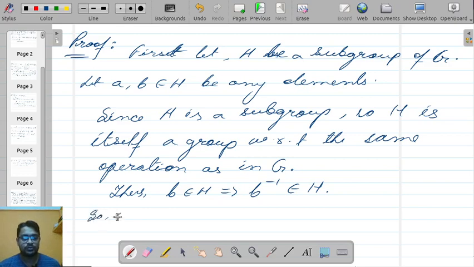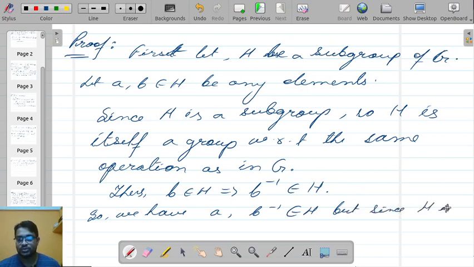So we have A comma B inverse, these two elements belong to H. But since H is a group, it is closed with respect to the given operation.